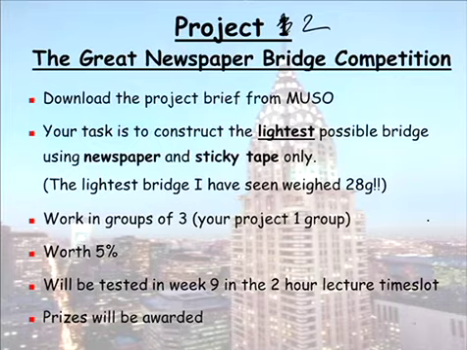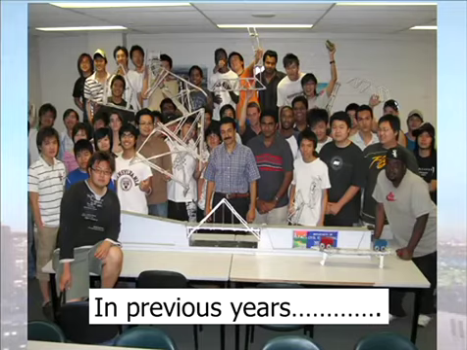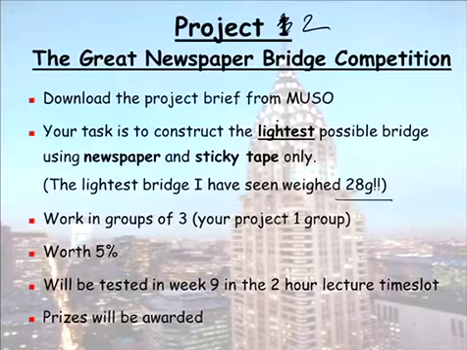The lightest I've ever seen has weighed 28 grams, and I don't know if you have any idea of weights, but that's nothing. Now, when I'm saying 28 grams, it looks like one of these. So people have built things that look like this and managed to get them to weigh as little as 28 grams. And I want you to aim for that 28 grams.